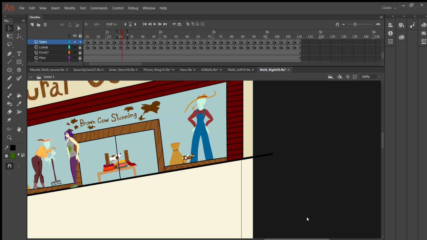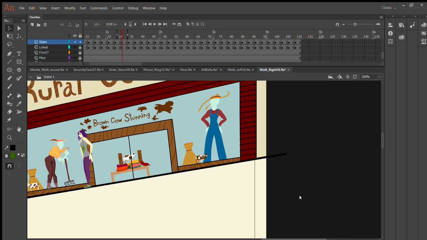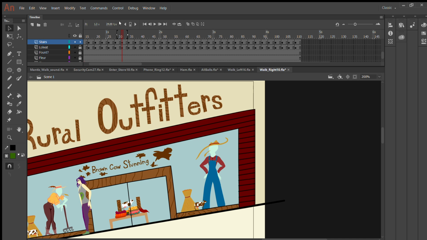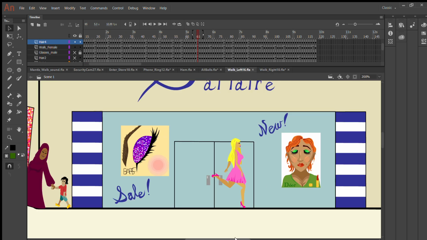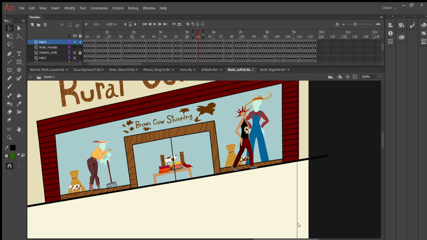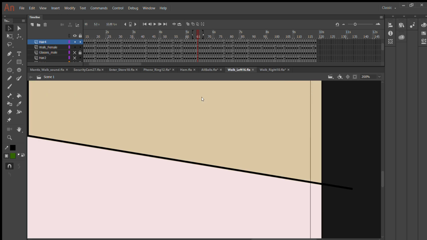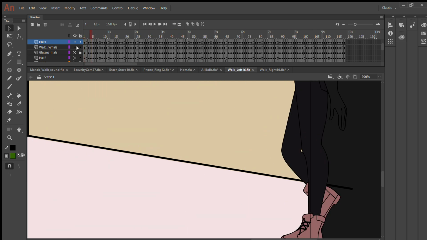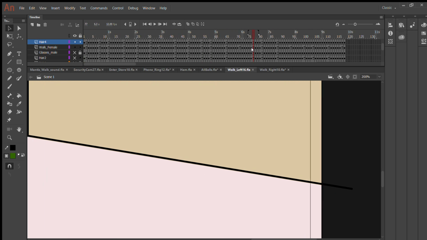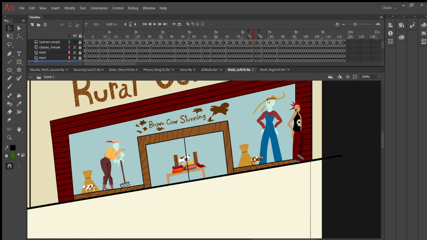Or going over here, we have this kind of punky Brewster woman with an alien shirt walking around, whereas in this animation, which is walking left, they're walking away from the store. So in this animation, we have more of a punk guy going in a different direction.